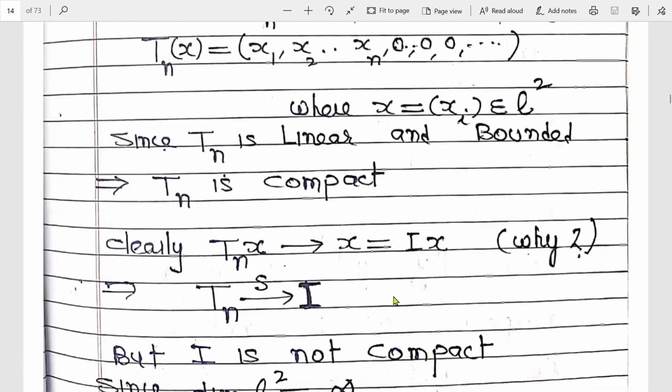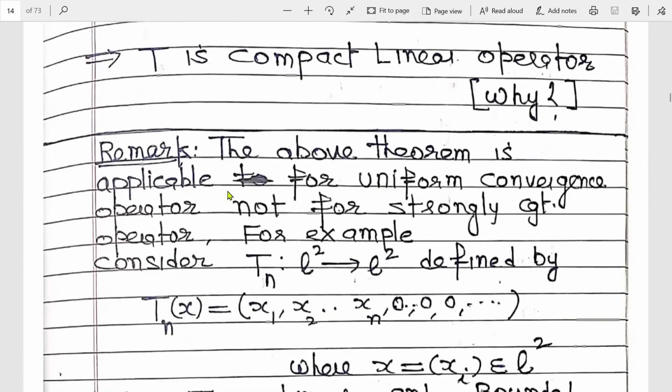Now, from this, the above theorem is applicable only for uniform convergence. This theorem is only for uniform convergence.